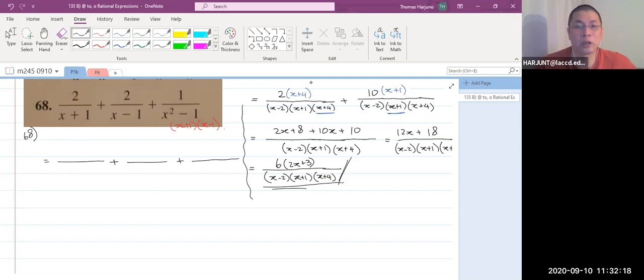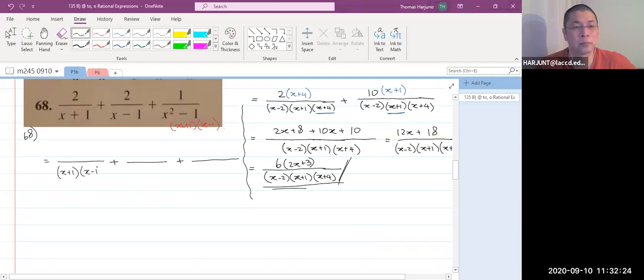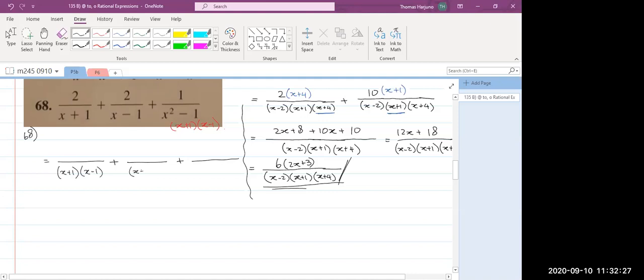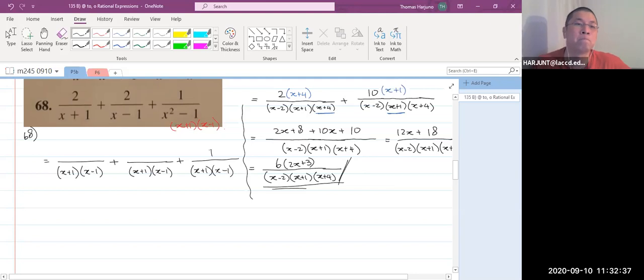X plus 1, x minus 1, that's right. The numerator here stays the same. This guy has 2 multiplied by x minus 1. These 2 here are multiplied by x plus 1.